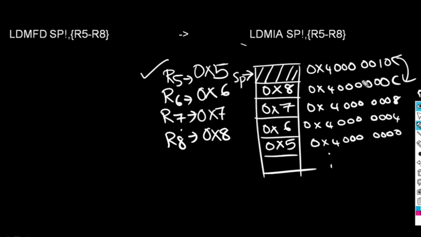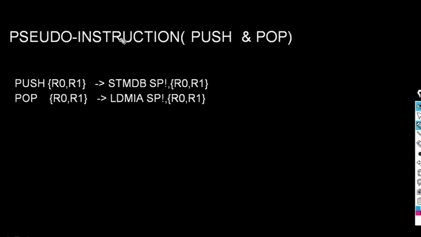Next, we have the pseudo instructions push and pop. As you can notice here, we can directly use the instructions push and pop followed by the concerned registers. What exactly are these? These are nothing but pseudo instructions, because internally they get converted to the same instructions we discussed previously. Why is it specifically decrement before and increment after?